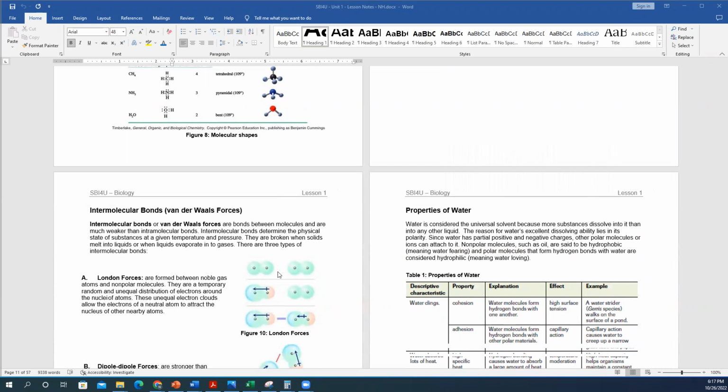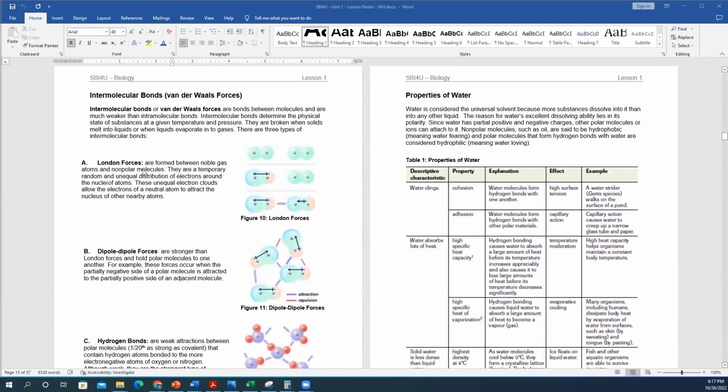And we discussed three types: the London dispersion forces, the dipole-dipole forces, and the hydrogen bonds. We discussed the different characteristics of all of them, and we discussed how London forces were present in between all molecules.